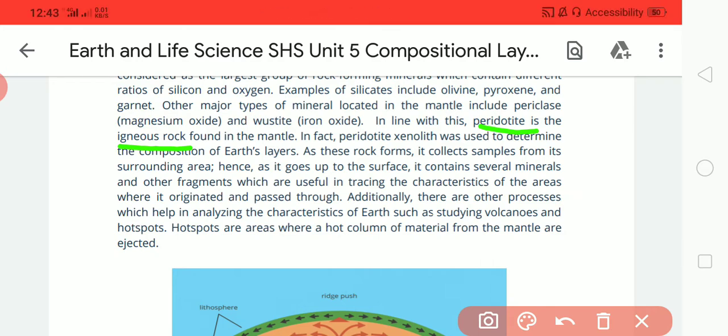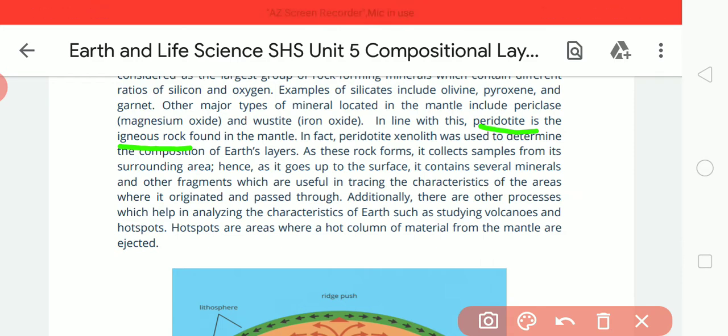So bali yung ginamagnet ang mga surrounding na mga materials sa iyang palibot. Hence, as it goes up to the surface, it contains several minerals and other fragments which are useful in tracing the characteristics of the areas where it originated and passed through.